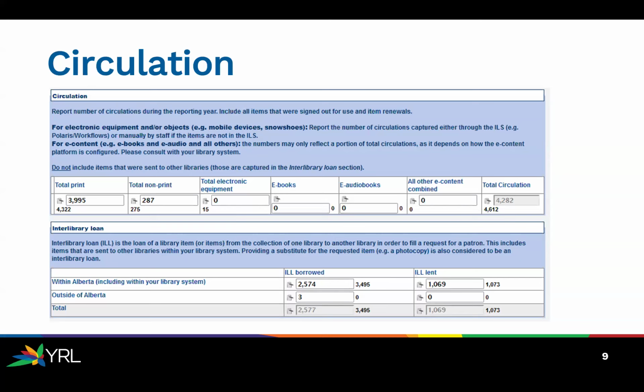Non-print is going to be non-print physical, so think things like Blu-rays and DVDs. And then ebooks and e-audiobooks; that's something on the internet page, and we'll take a look at that when we get there as well.